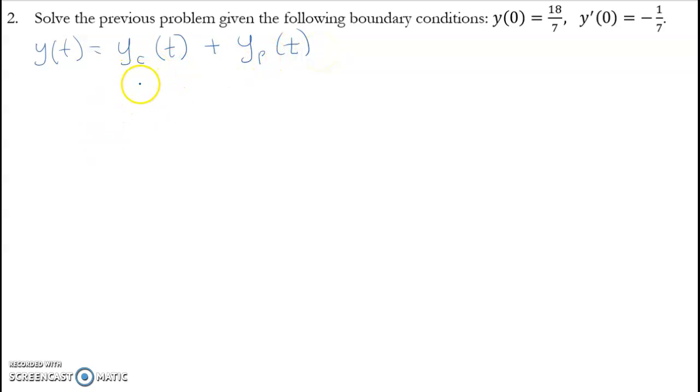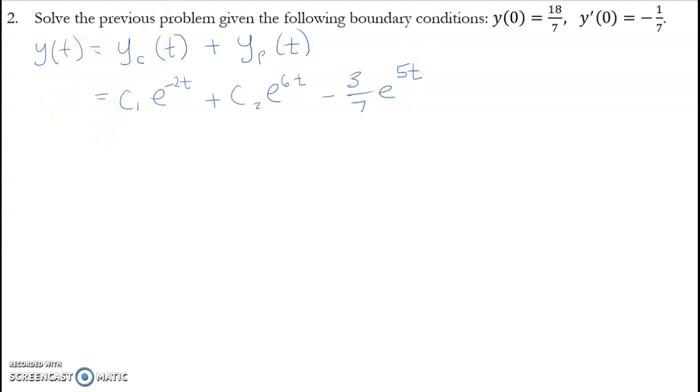From the previous problem we have both, so copying those: C1 e to the power of negative 2t plus C2 e to the power of 6t, which was our complementary solution, and our particular solution, negative 3 over 7 e to the power of 5t.